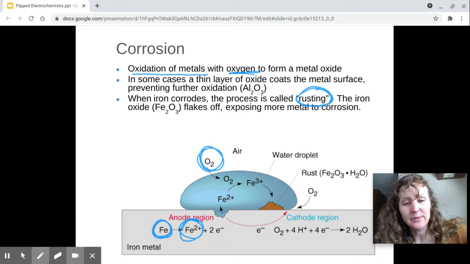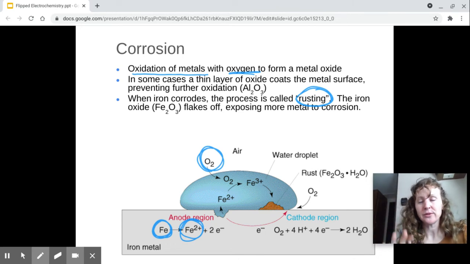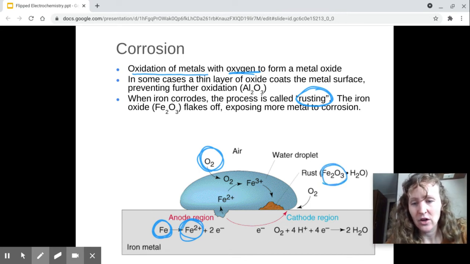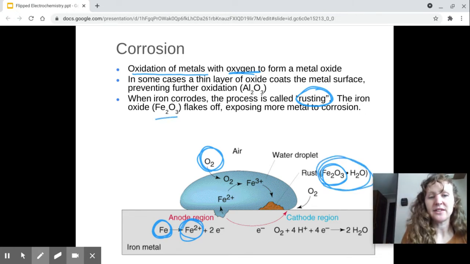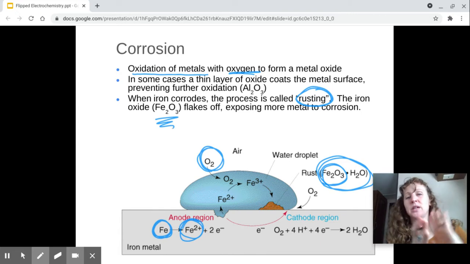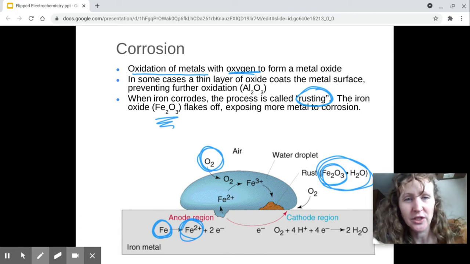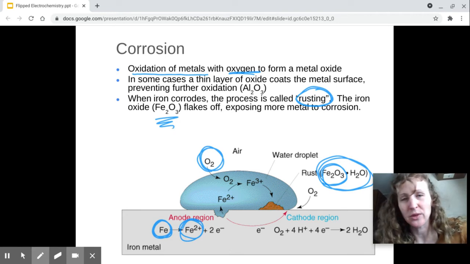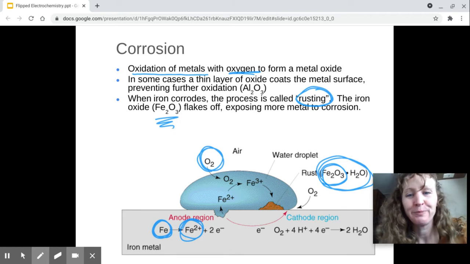But oftentimes that iron doesn't float around dissolved as an ion. It will if there's water present, but a lot of times it actually turns into a solid or a hydrate. And if it's solid, it often becomes a very flaky solid, and it'll break off, and you can rub it off. And it's really fun to do, and your parents get super upset with you when you do that to rust spots on the car.